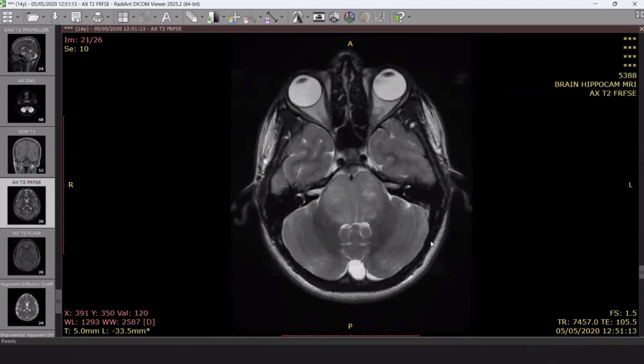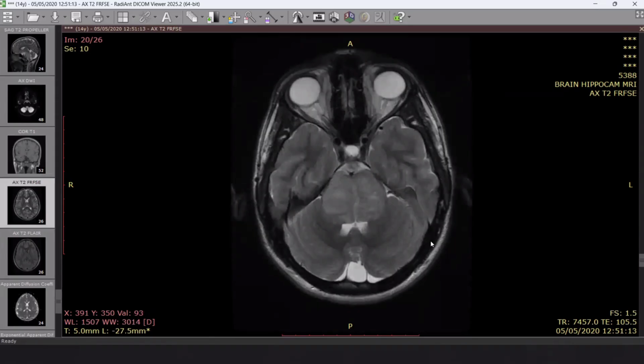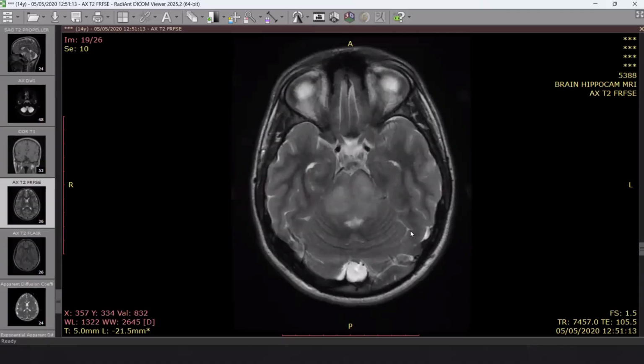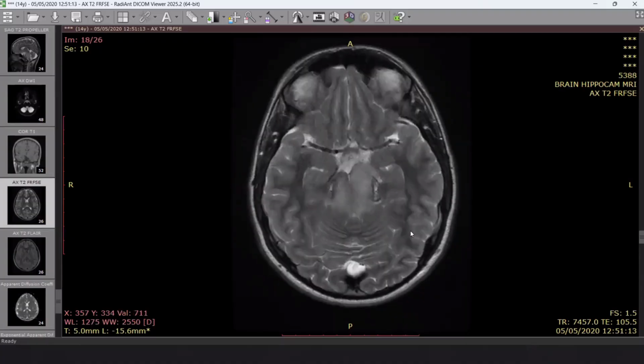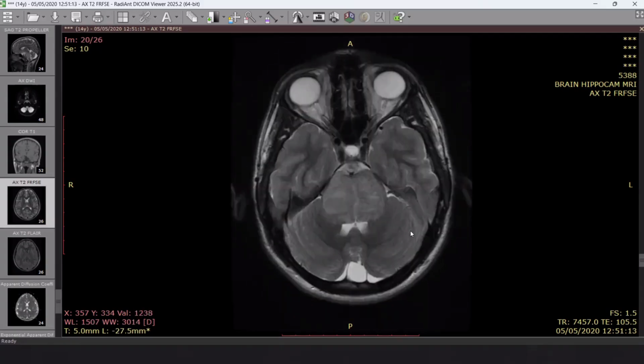In my routine practice, I saw this one maybe 4 or 5 times over 25 years of experience. It is not common, but once you have seen this one, it's very characteristic, very pathognomonic. It's extending to the 2 cerebral peduncles on both sides, but more on the left side.